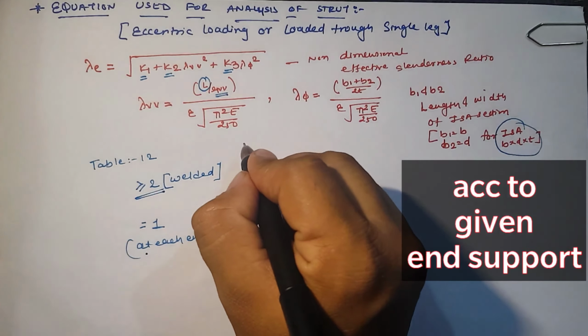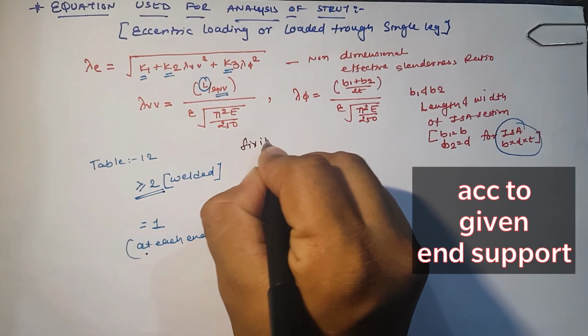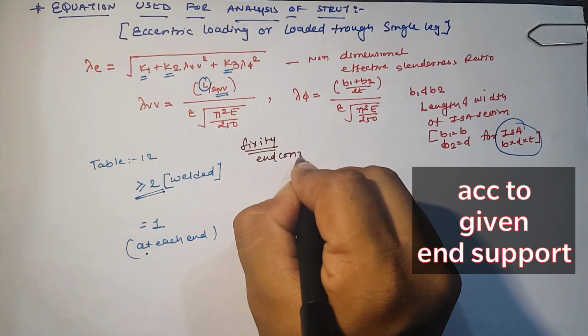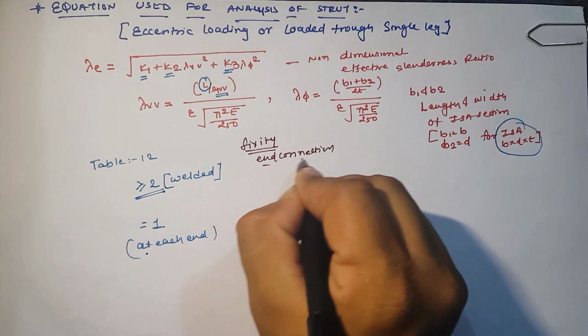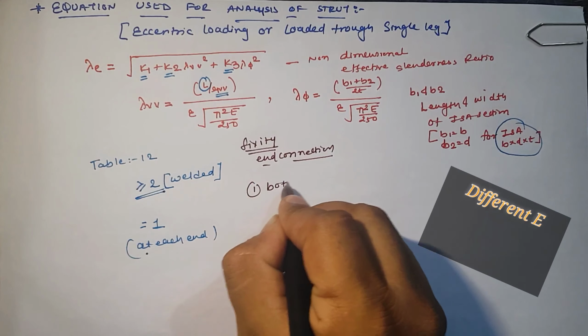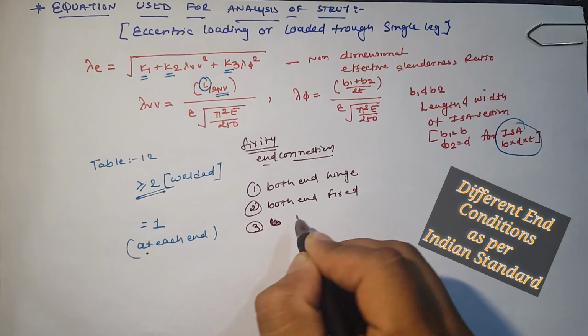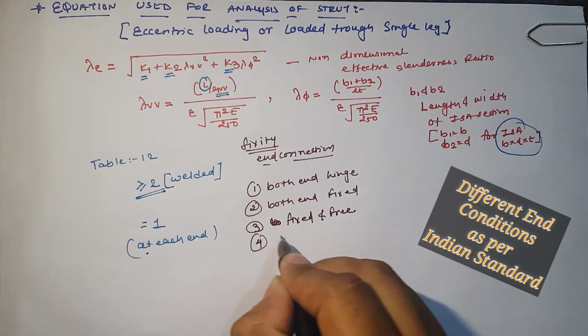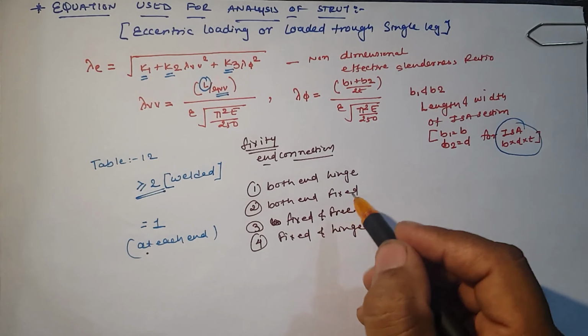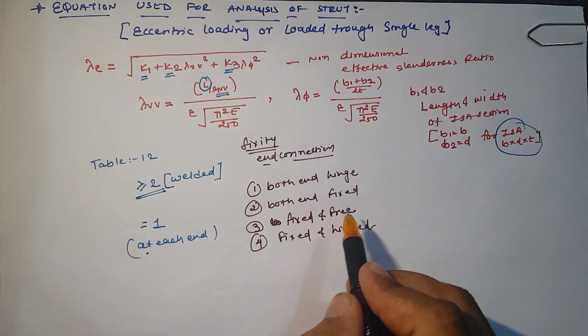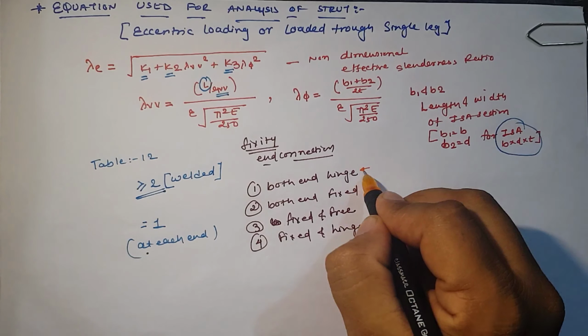Now the second criterion is fixity, or we can say the end connection. Now there are four possibilities: either both ends hinge, both ends fix, one end fix and one end free, and one end fix and one end hinge.